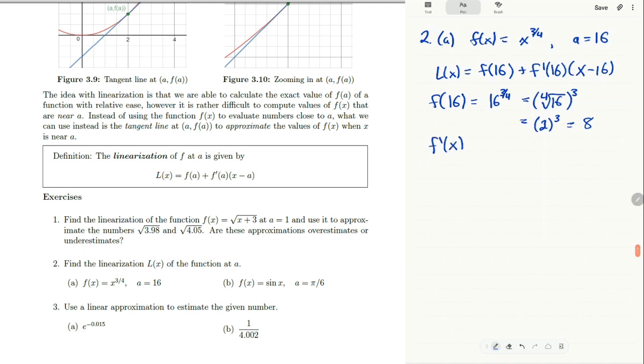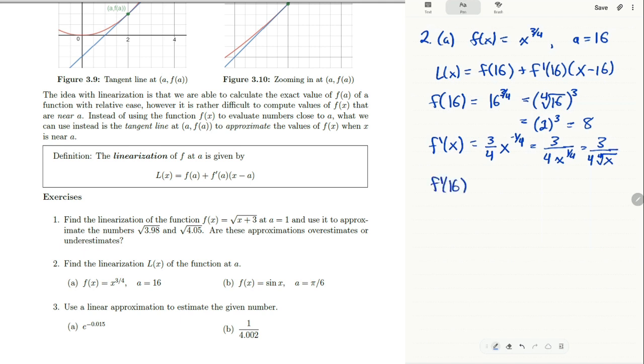Now we need to find the derivative. So using the power rule, this is 3 over 4 times x to the power of negative 1 over 4. And we can write this as 3 over 4 times x to the power of 1 over 4, or this is 3 over 4 times the 4th root of x.